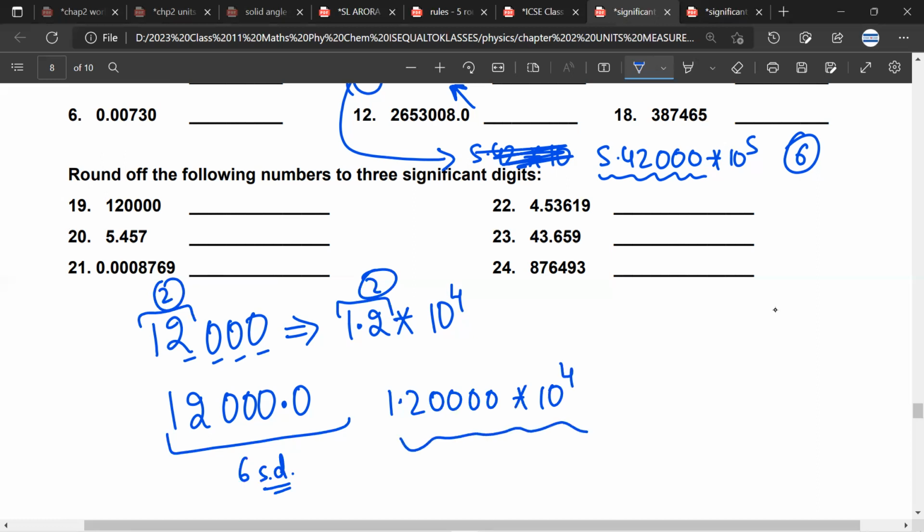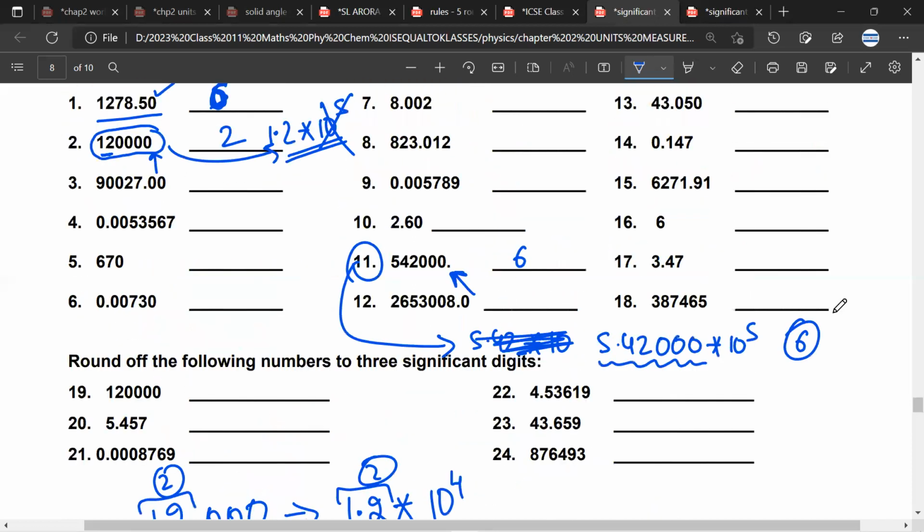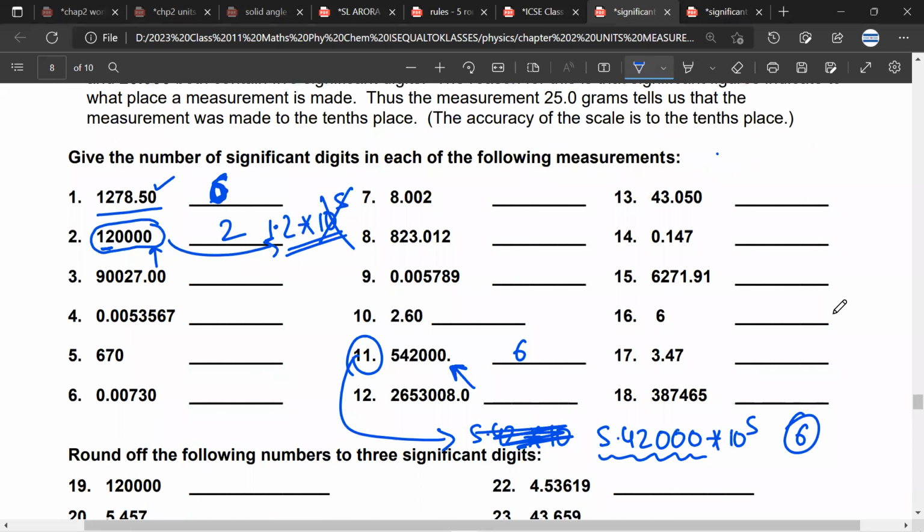Is it correct, or have I made a mistake? Yes, it is correct. So when I'm reducing a number into scientific notation, I should be very clear that I'm not changing the significant digits. Are we clear, Avantika?